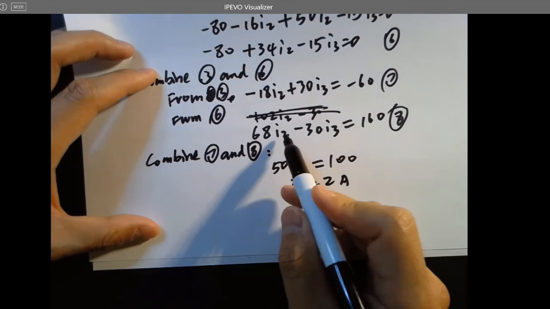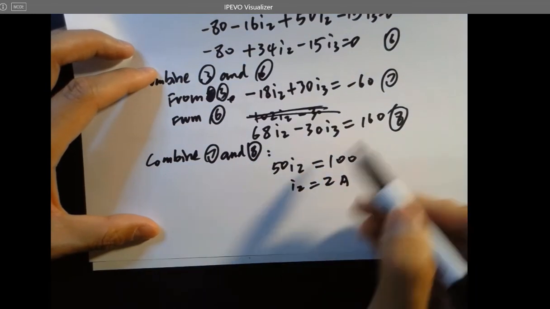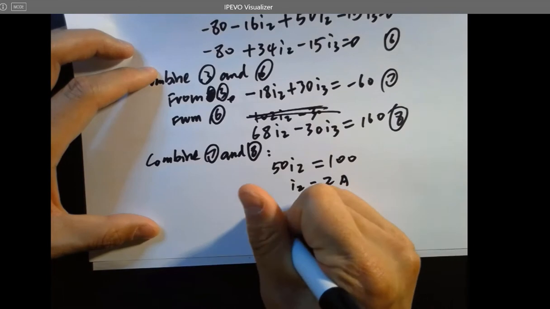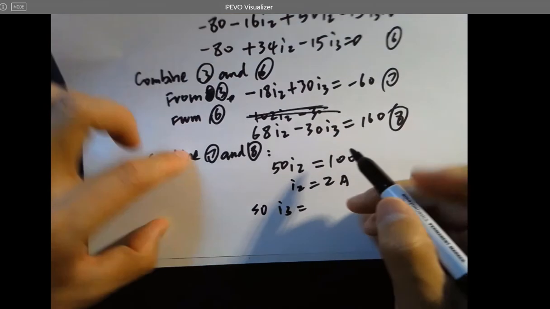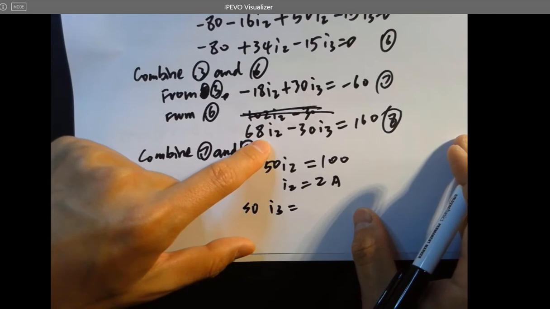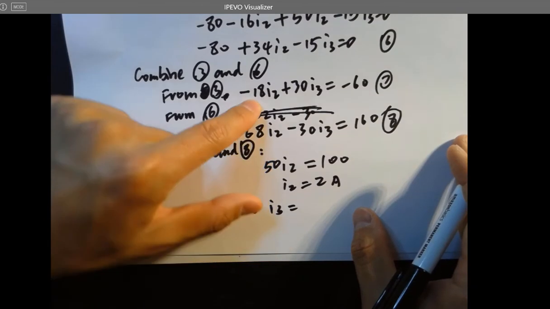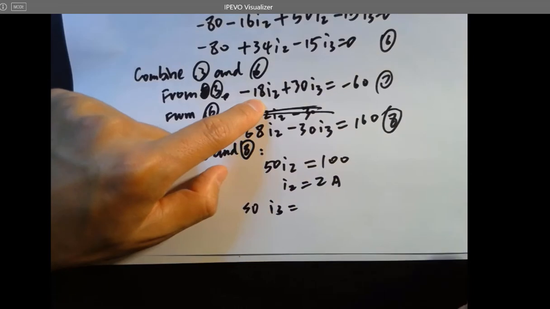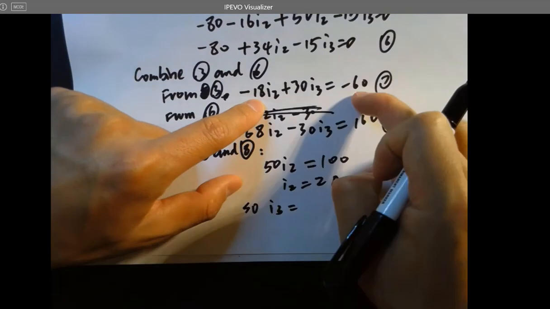So substitute I2 over here, and let's calculate I3. So I3 equals, if you put it here, let's pick the easier one. So this is minus 36, and move it to the right.